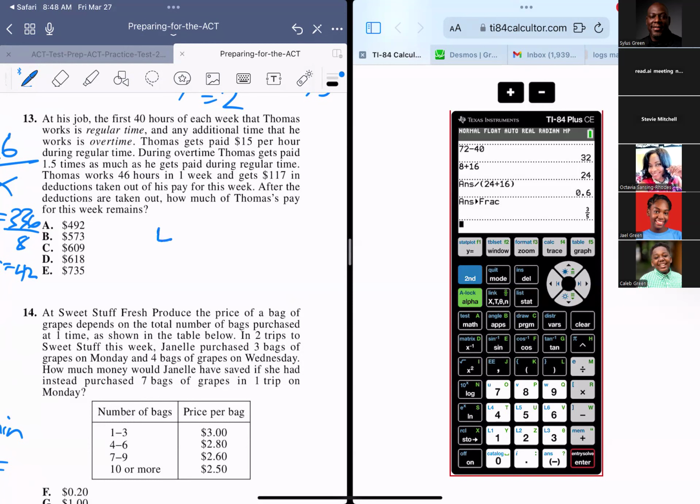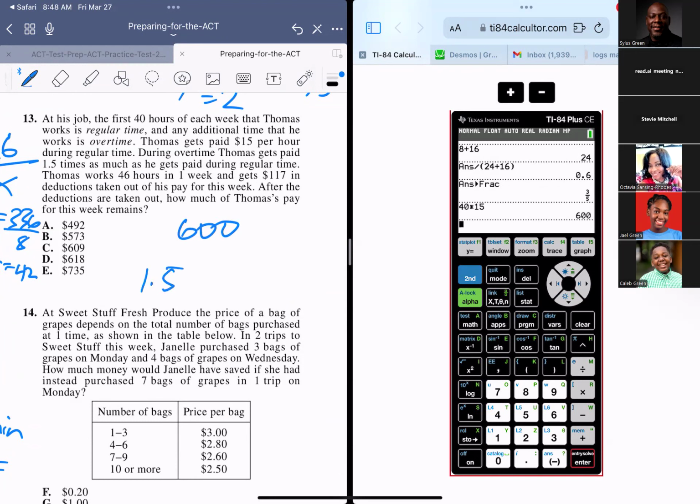So it says the first 40 hours is regular time. So he gets paid $15 an hour for regular time. So 40 times 15, that's how many dollars he gets paid for regular time. And it says he worked 46 hours. So that's $600 for the first 40 hours. Now, all the rest is overtime, and he gets paid 1.5 times as much.